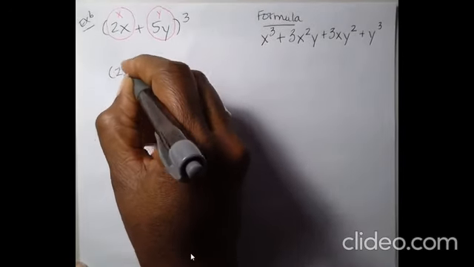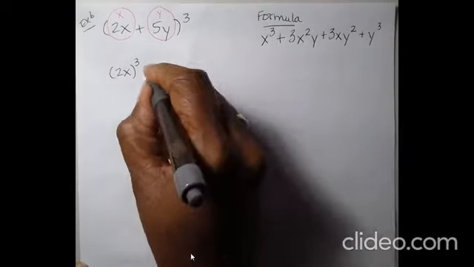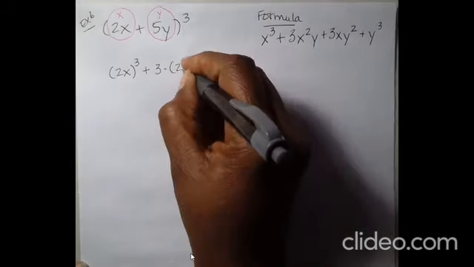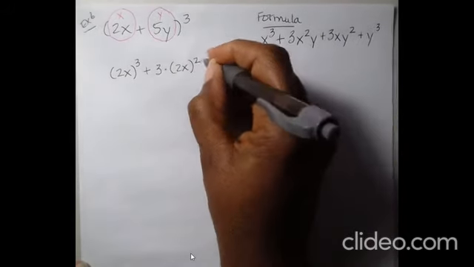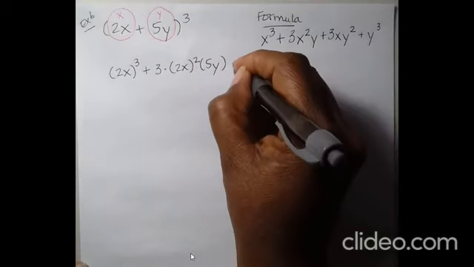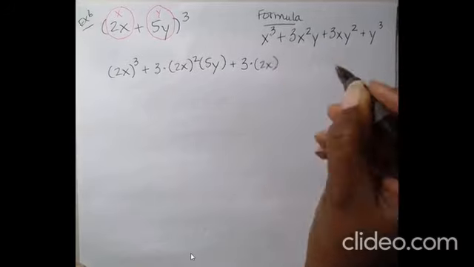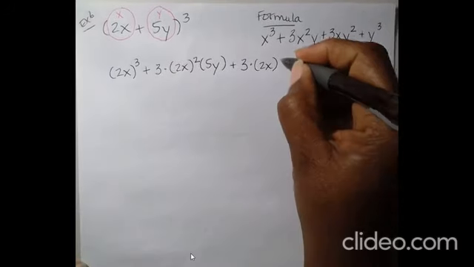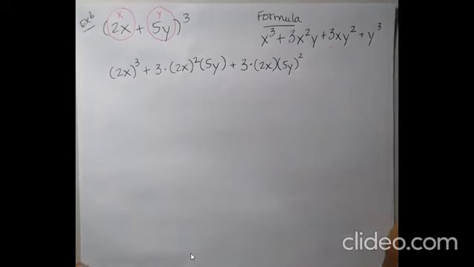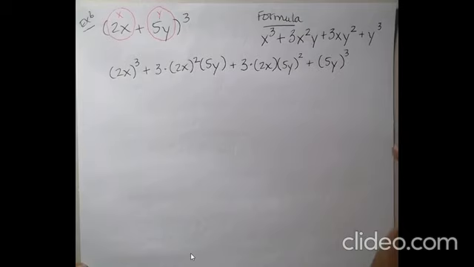So we're using our formula, we're taking the first term cubed. So we're taking 2x cubed plus 3 times the first term squared, which is 2x squared, times the y, which is 5y in our case, plus 3 times the first term, which is 2x, times the second term squared, 5y parentheses squared, plus the second term, which is 5y cubed.